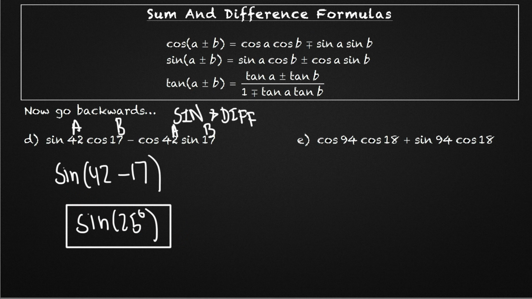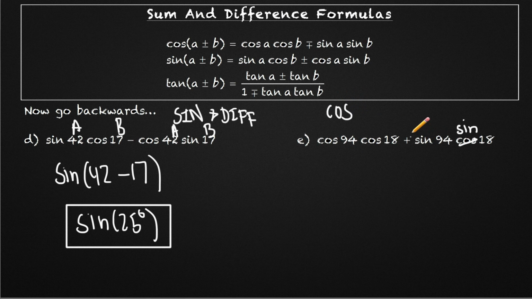All right, so the next problem is going to be cosine of A cosine B plus sine A, and actually that should be sine right there. Every year I forget to change that. So cosine A cosine B plus sine A sine of B. So this is our cosine.